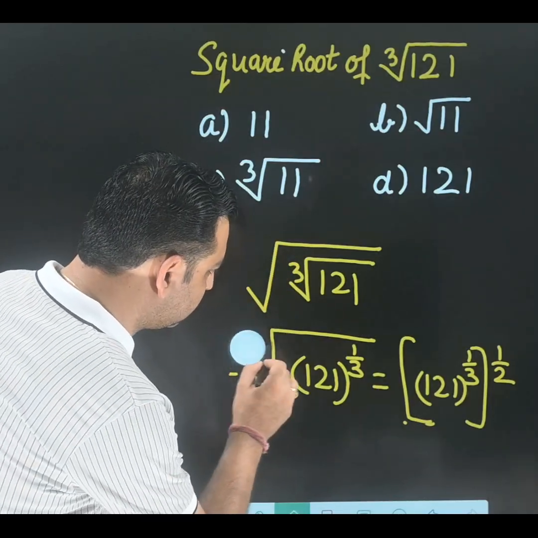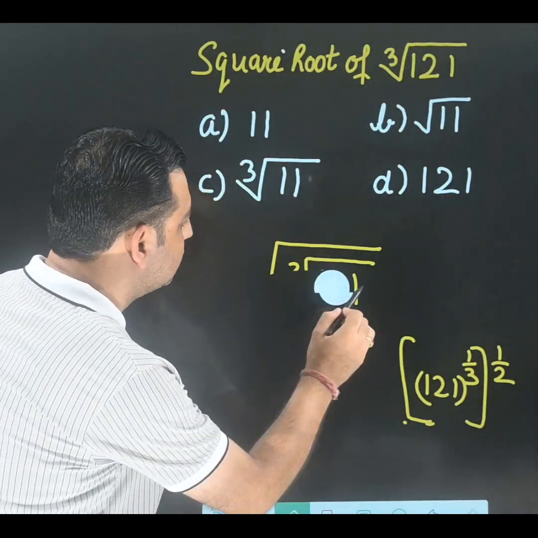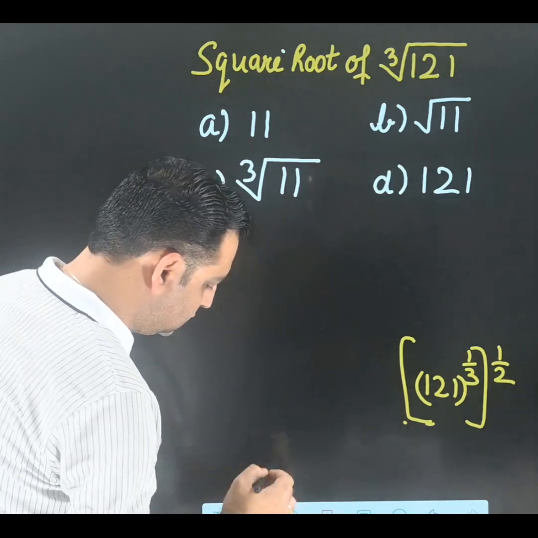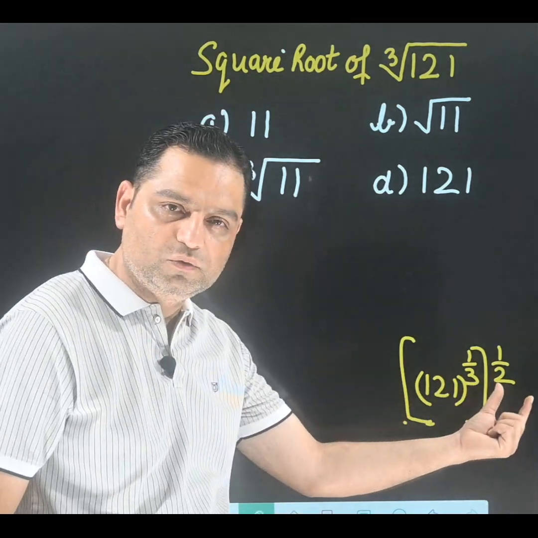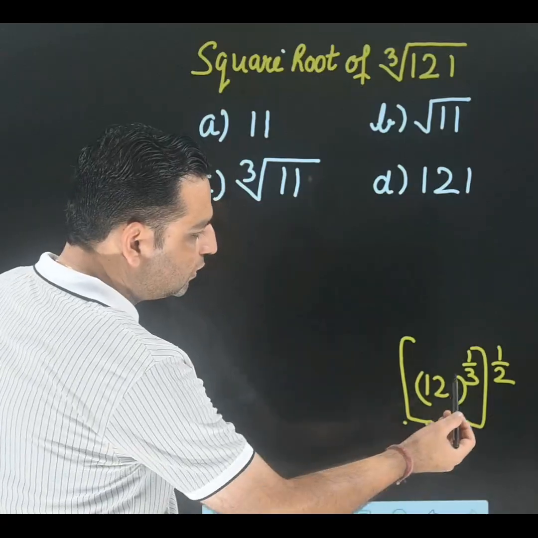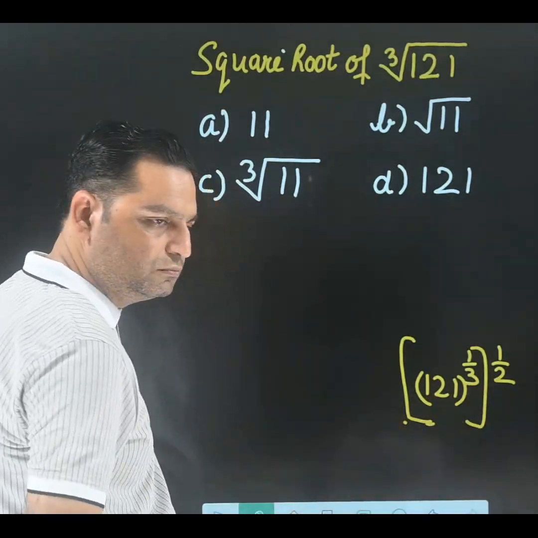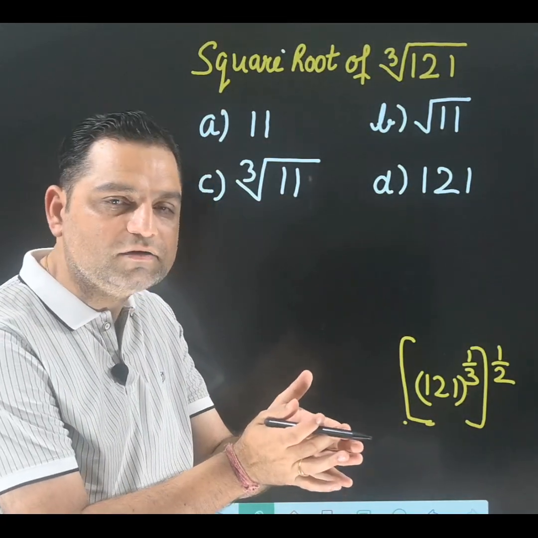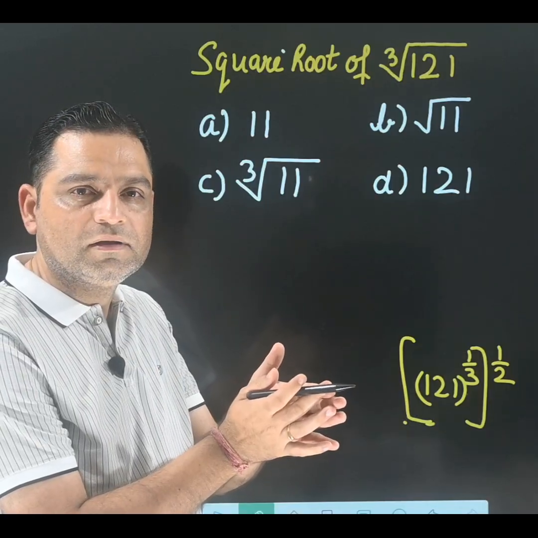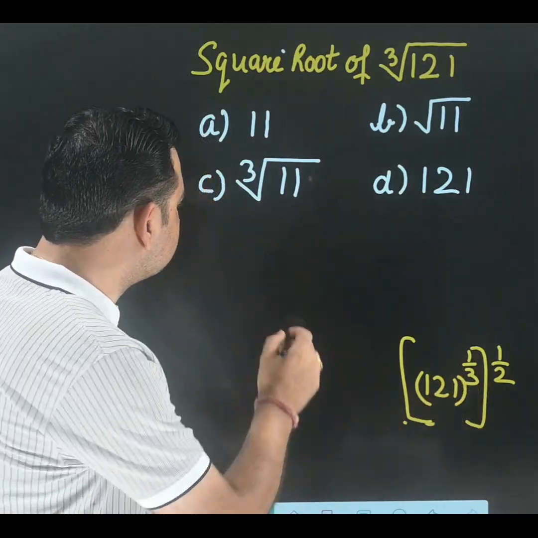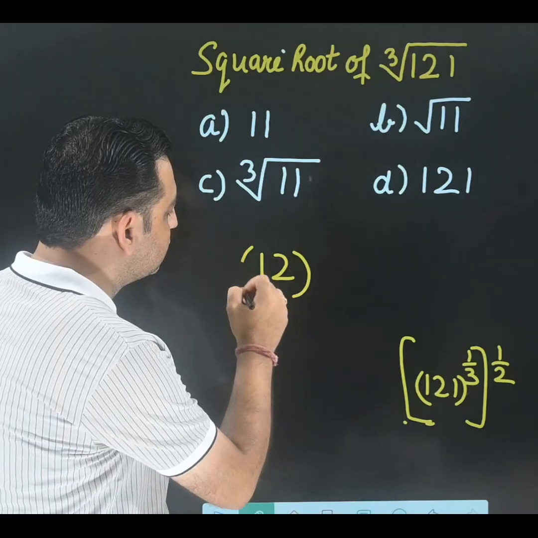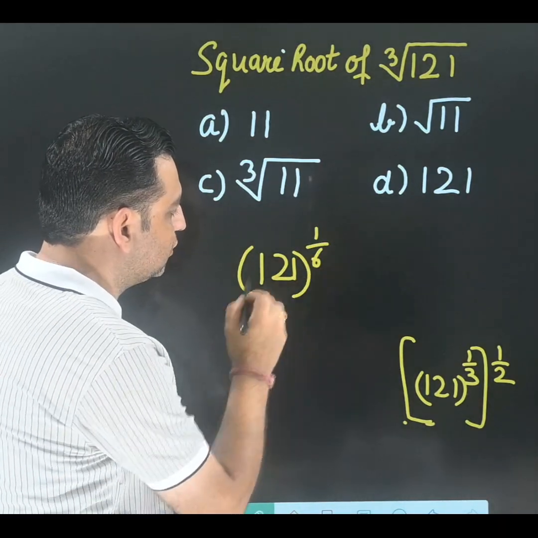Now I'm removing these two things and the exponent rule I am going to use completely. 1 over 3 and 1 over 2, you can multiply them and write 1 over 6. So 121 to the power 1 over 6.